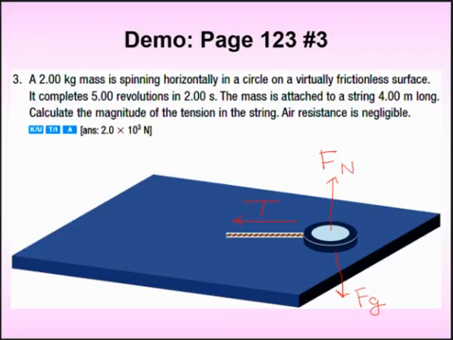Do I know the mass of the puck? I do. It's 2 kilos. Do I know the length of the string, which would act basically as the radius of the circle? Okay. Do I know the speed of the revolution? Is it given to me? It's not.